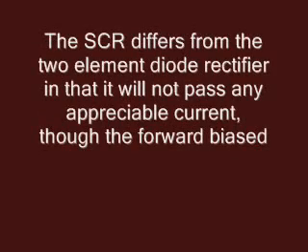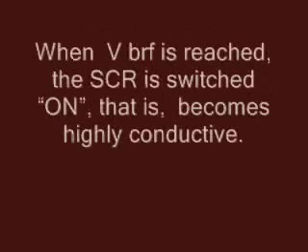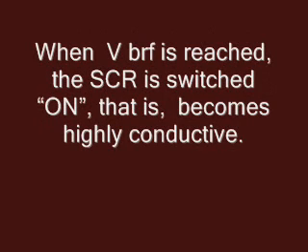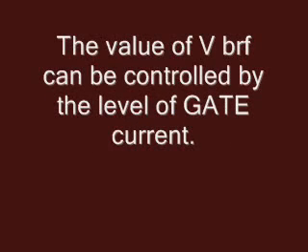The SCR differs from the 2-element diode rectifier in that it will not pass any appreciable current though it is forward biased until the anode voltage equals or exceeds a value called forward breakover voltage, VBRF. When VBRF is reached, the SCR switches on. That is, it becomes highly conductive. The value of VBRF can be controlled by the level of gate current.